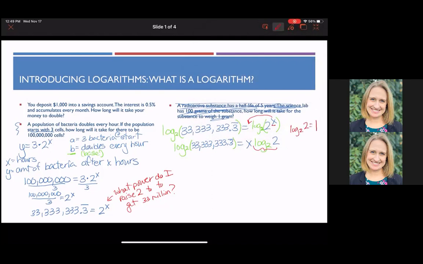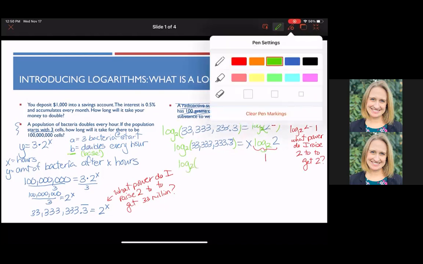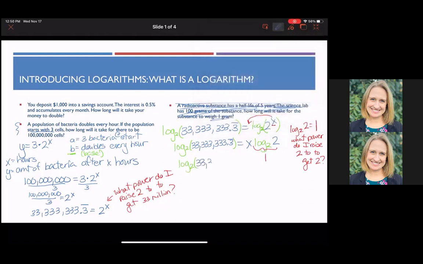It's what power do I raise 2 to get 2? Well, 2 to the first power. So this becomes 1. And so then we're left with log base 2 of 33,333,333.3 repeating equals x.